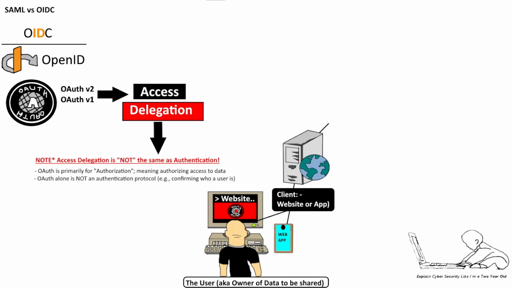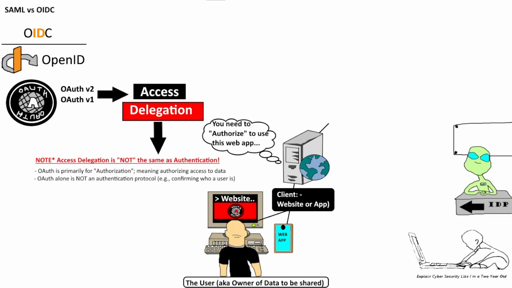However, this is where the beauty of OAuth comes into play, because through OAuth, the user does not have to share their actual login credentials with the website or app, and in turn can allow authorization without sharing any form of login credentials for that matter. And the way that this is achieved is through what is known as an authorization server.